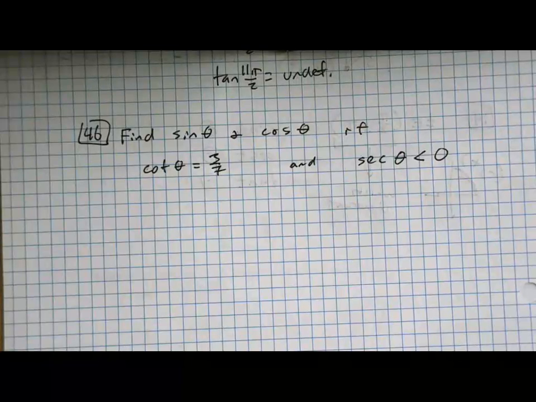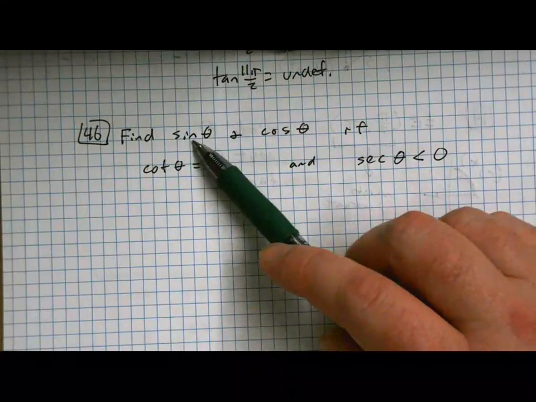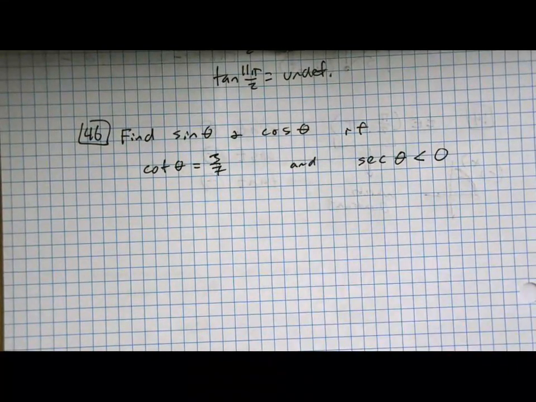All right. So at the end we're going to write sine theta equals something and cosine theta equals something. We know that's what our answer is going to look like.